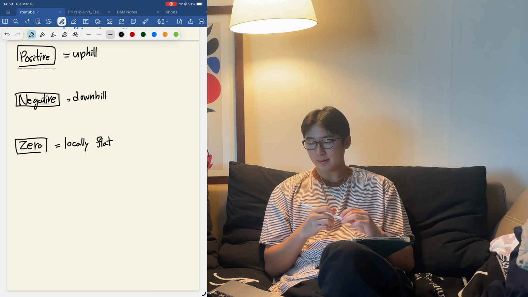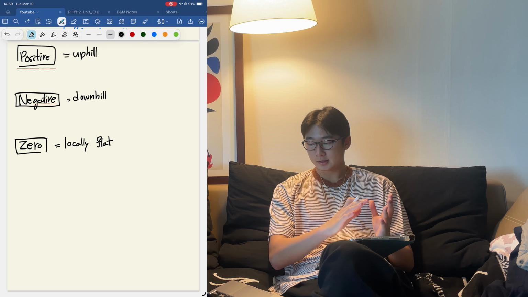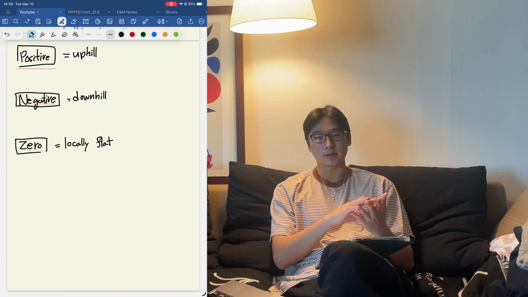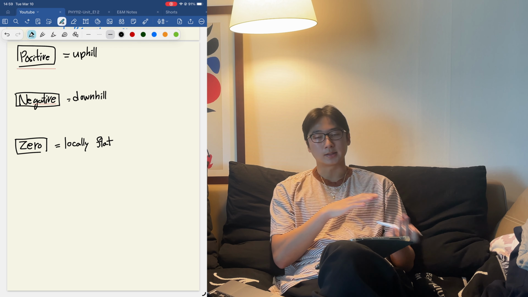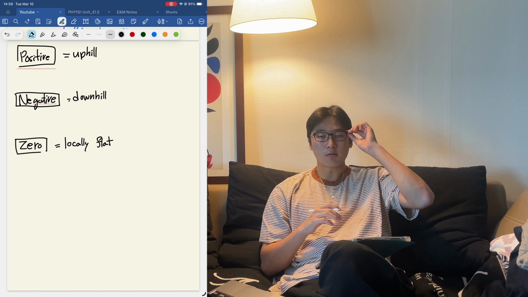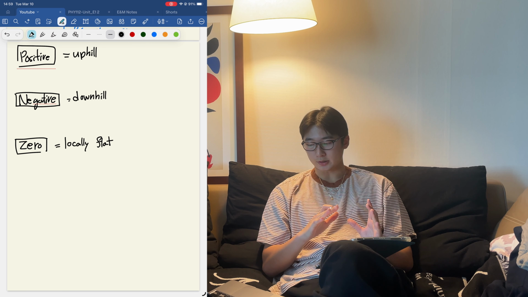The reason is that the dot product depends on the cosine of the angle between two vectors. Although I'm going to tell you more deeply about the gradient in the next video, the gradient always points in the direction of the greatest increase of the function.